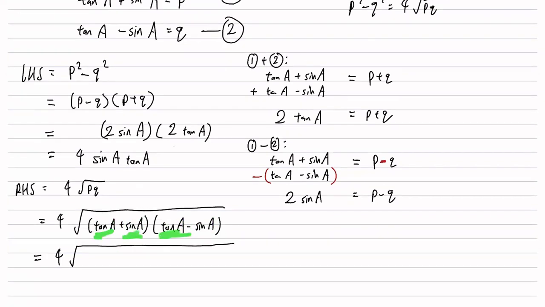Yeah. A plus B, A minus B. So you can straight away factorize it as tangent square A minus sine square A. Is this step clear to you? Mm-hmm. Can? Okay, very good. Then how do I proceed? How do I show that I'll get sine A tangent A from a square root? Can you just immediately cancel off with the square root of the square?